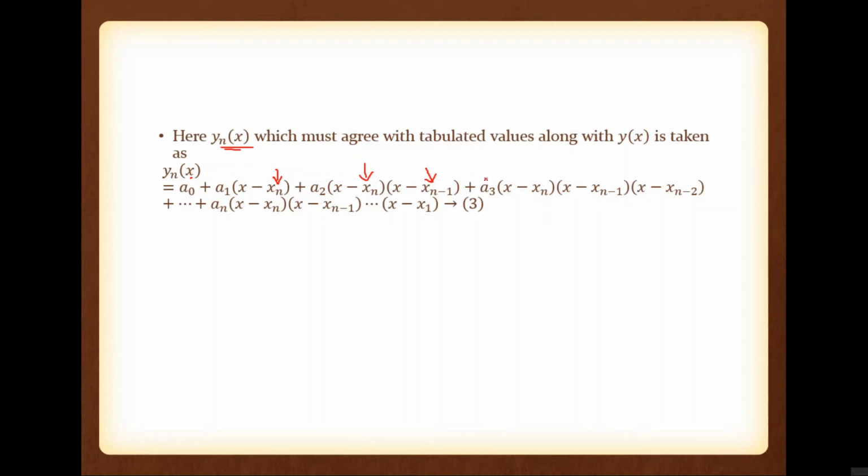Associated with a3, we have the last three data: in the forward formula we have the first three data, but here we have the last data, second last data, third last data. So associated with a3, x minus last data into x minus second last data into x minus third last data, etc.